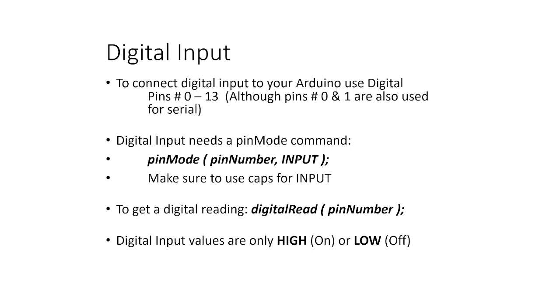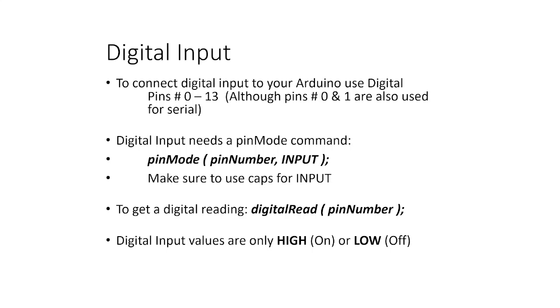To get a digital reading, you should use the function I told you, digitalRead. You can see the R is in uppercase, so it's case sensitive. If you replace it with a lowercase r, you are going to get an error.